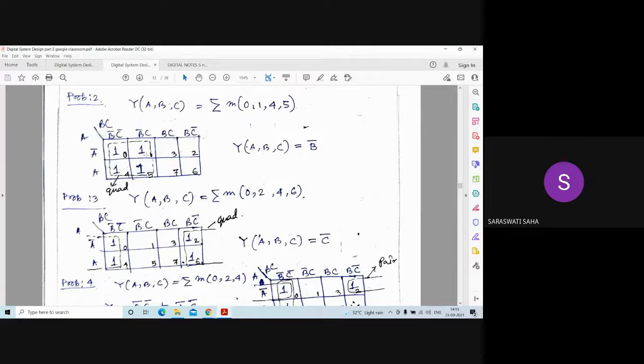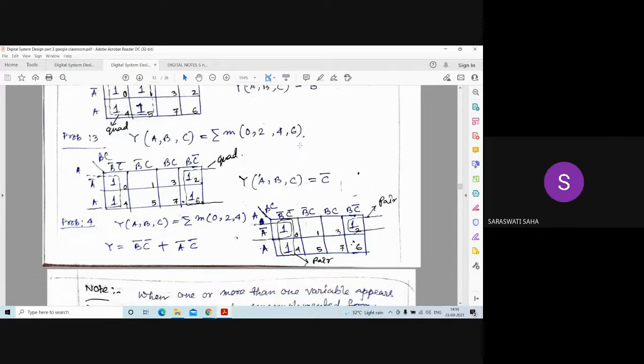So you have got 4 adjacent cells, and from here, as A and A bar both are there, you can drop this literal because A plus A bar gives us 1, and from this part we can drop the C literal because C plus C bar gives us 1, so only B bar will be there. Is it clear? Yes, ma'am.